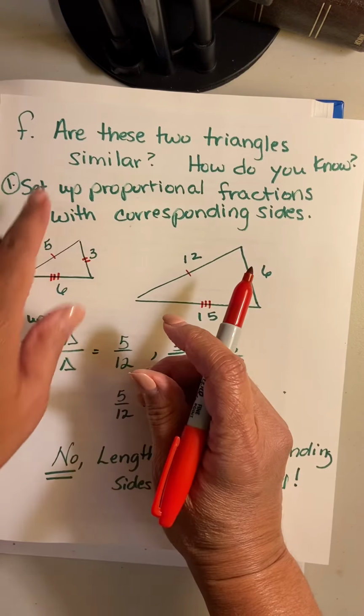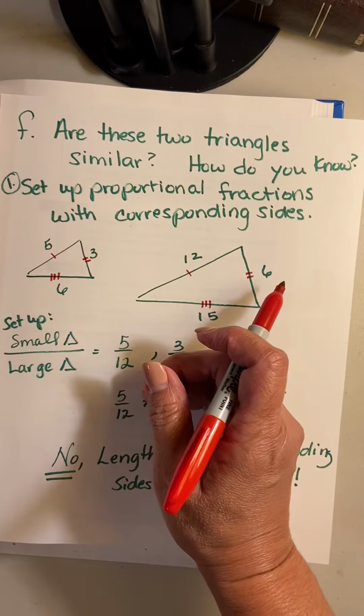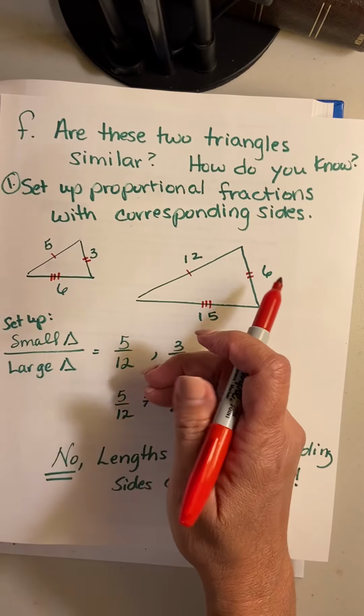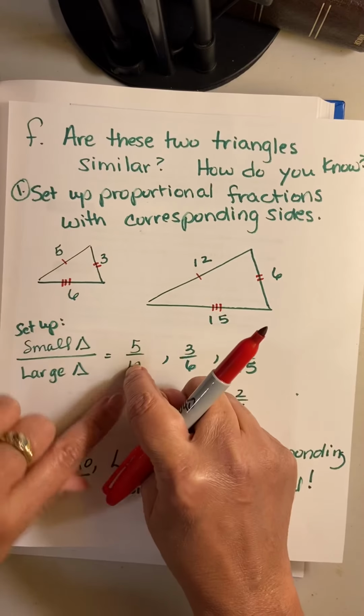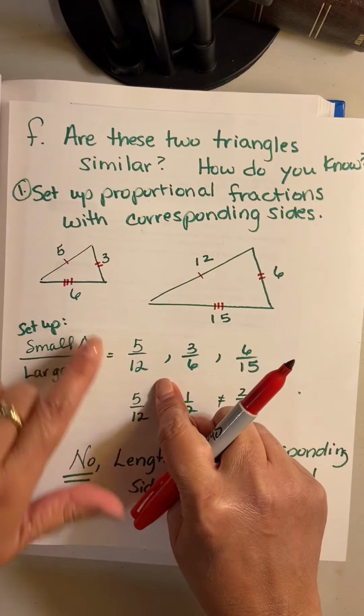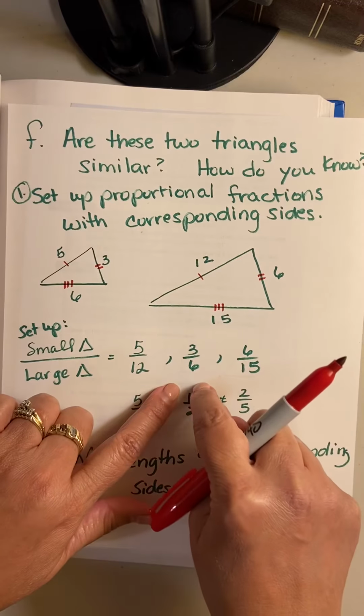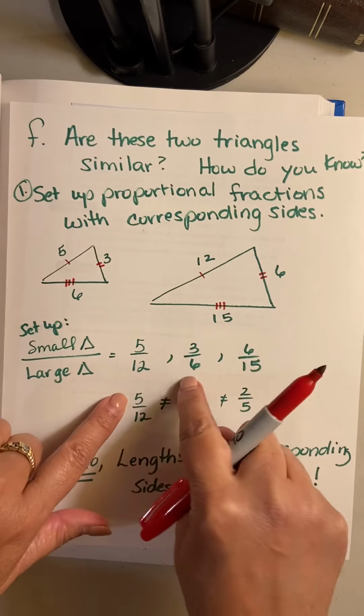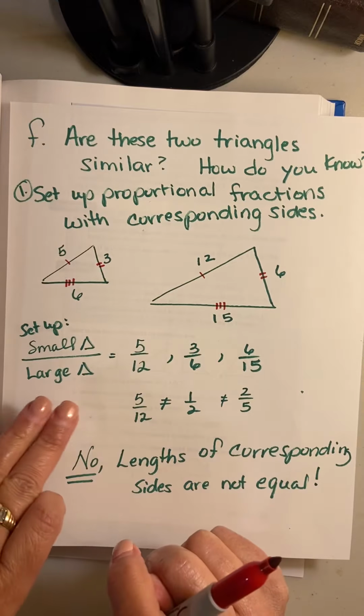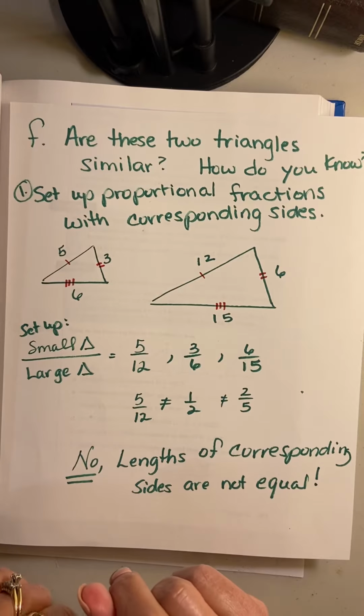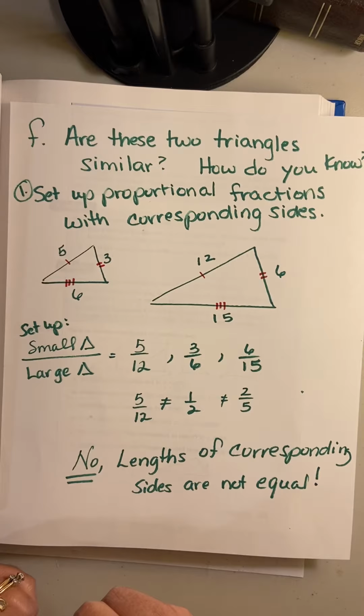Now, we can determine if they're similar if I can set up fractions. 5 over 12, this is this side, and then I did 3 over 6, and then 6 over 15. There's my 3 fractions. Are they proportional? When I say are they proportional, are they equivalent fractions?